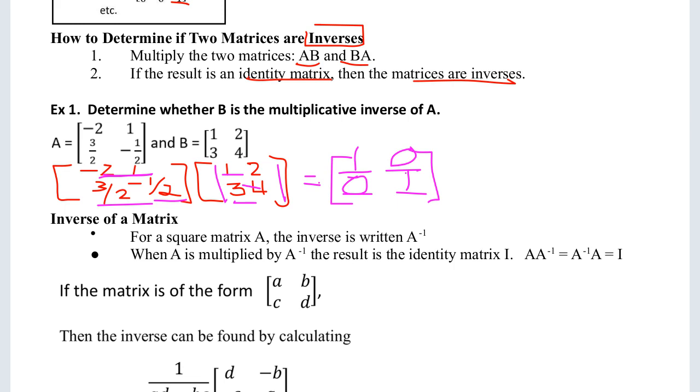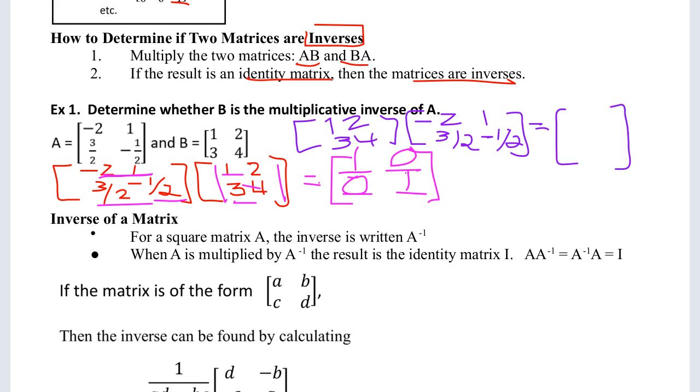Okay, then we're going to do B times A on this one. So we're going to reverse it, and we're going to put 1, 2, 3, 4 first, followed by the -2, 1, 3 over 2, -1/2. And then we're going to see if we get the same identity matrix. So then we're going to do row 1, column 1.